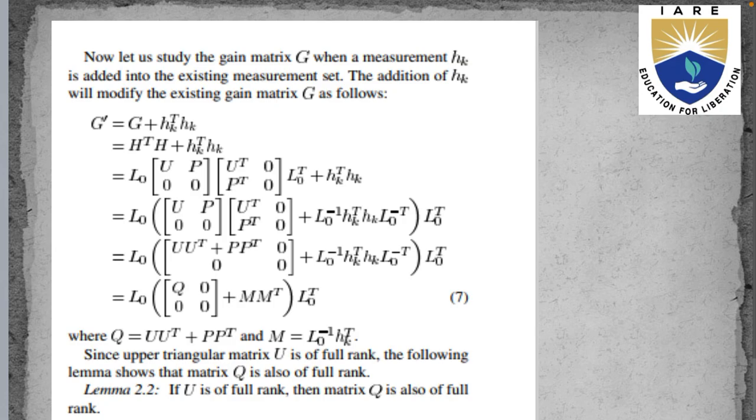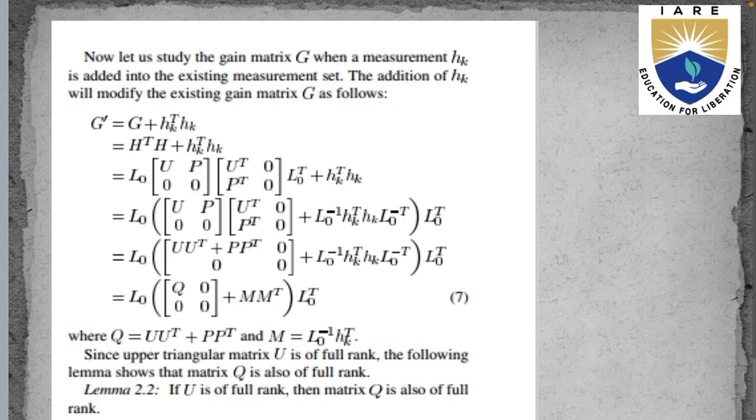Now let us study the gain matrix G. When a measurement h_k is added into the existing measurement set, the addition of h_k will modify the existing gain matrix G as follows.